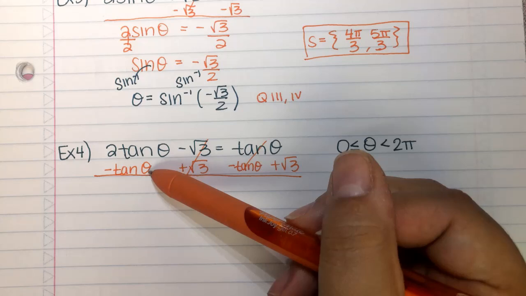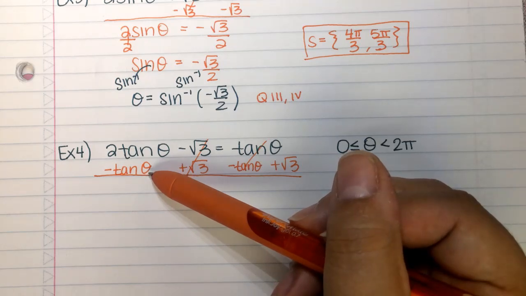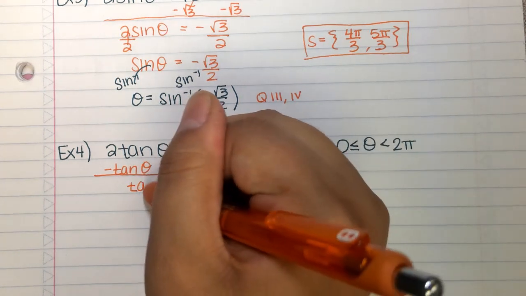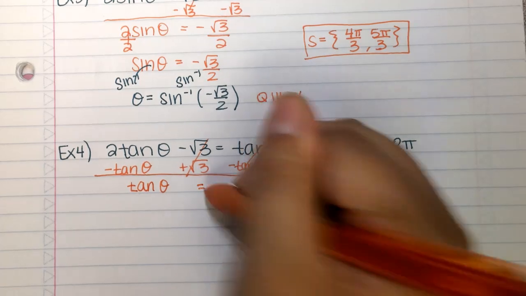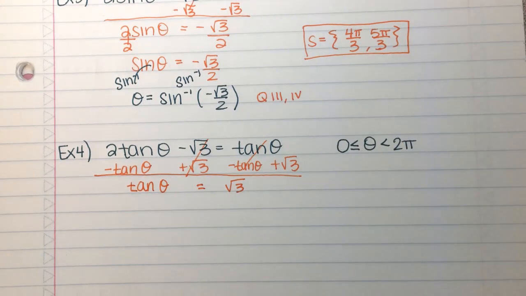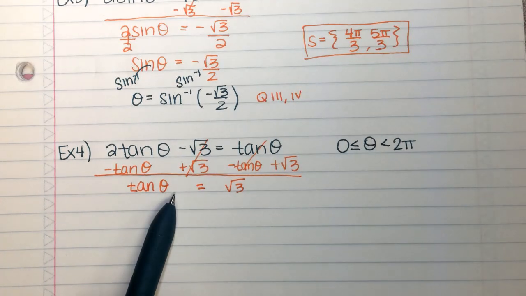2 tan of theta minus tan of theta, you don't need a computer out right now, you need to be writing this down, is tan of theta. You could put 1 tan of theta or just tan of theta. And that's just going to leave me equals the square root of 3. Does everybody see how I went from here to here?